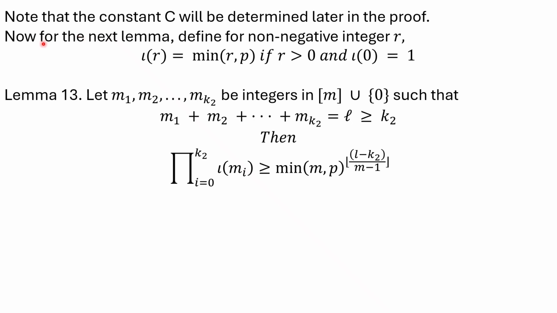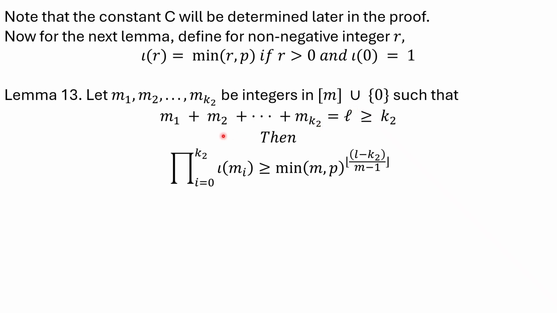Now, for the next lemma, lemma 13, we define for non-negative integer r, L_r, which is the minimum of rp if r is greater than 0, and if r is 0, L_r is equal to 1. Lemma 13. Let m1 to mk2 be integers in m and 0, such that the sum of all these m's equals L, which is greater than k2.